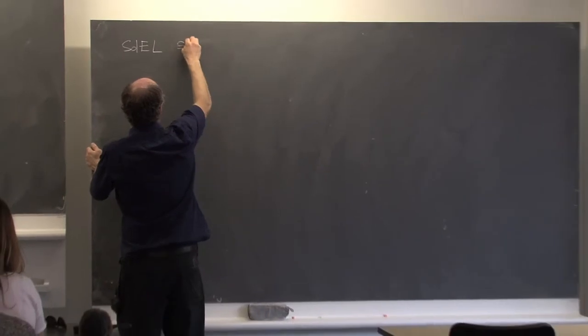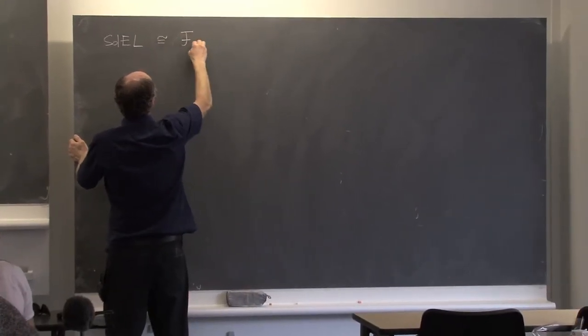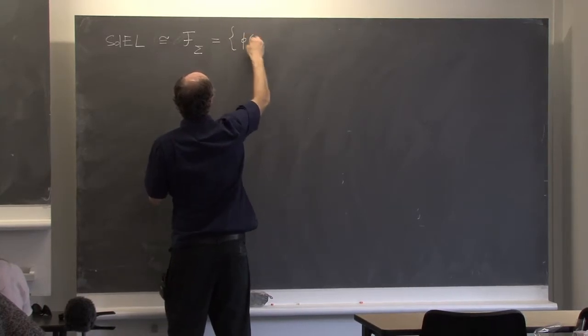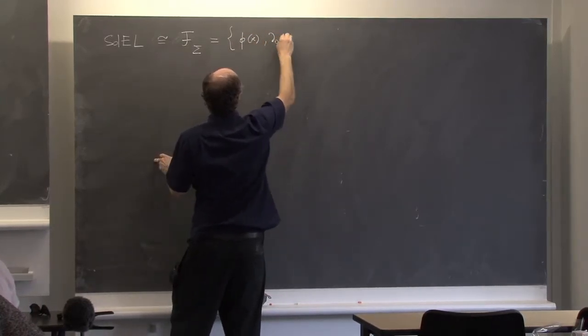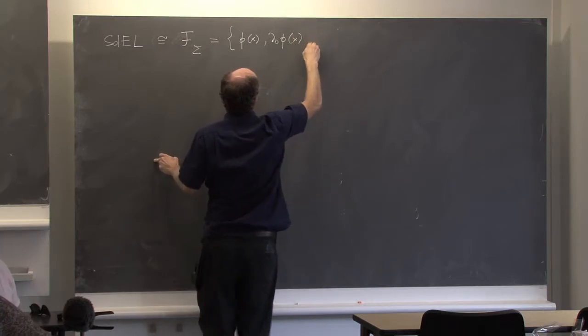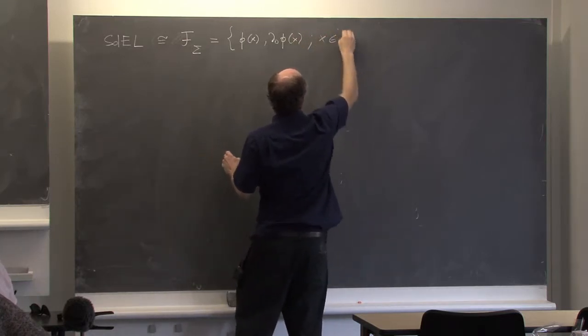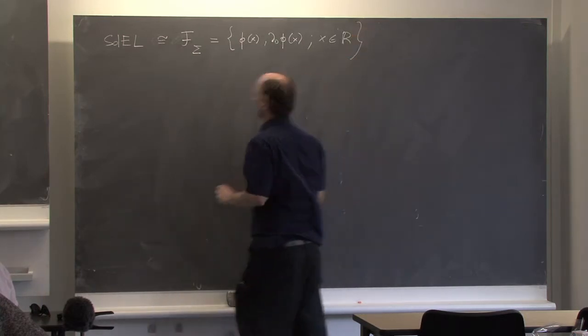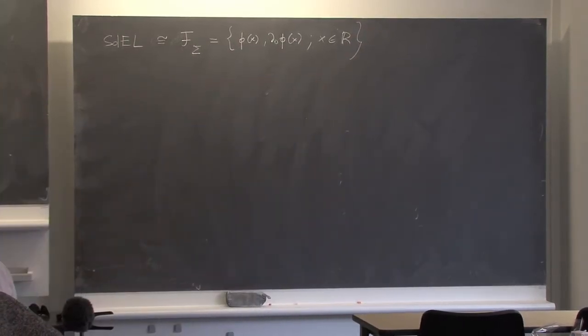So we hope that Sol EL is isomorphic to the phi of x, d naught phi of x, x in R. So that's a huge vector space.